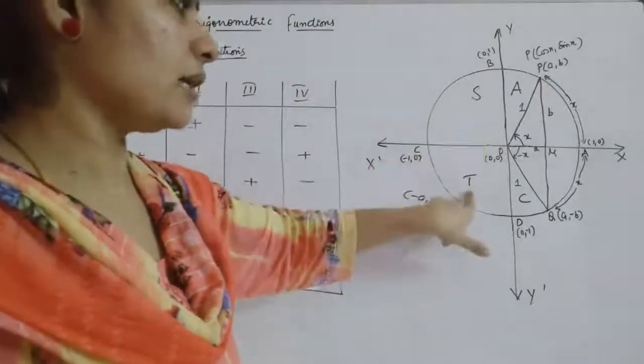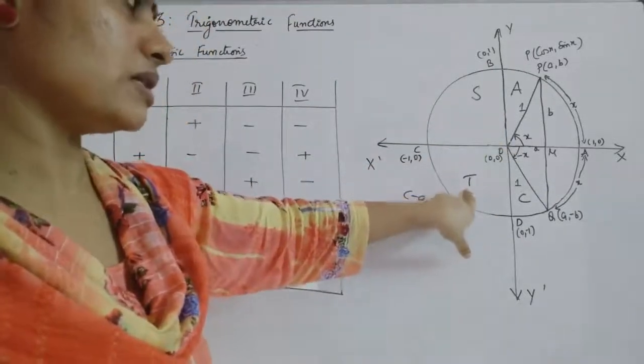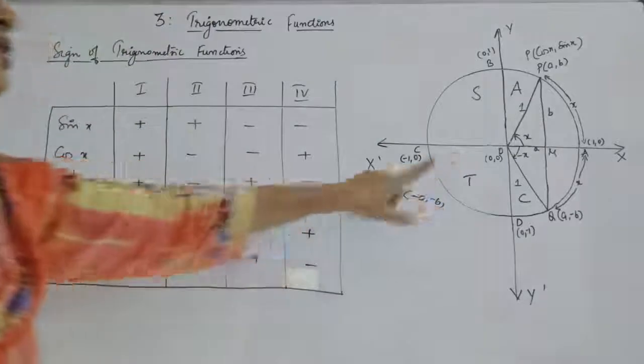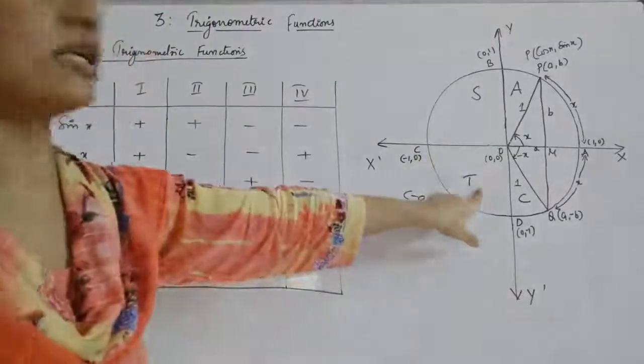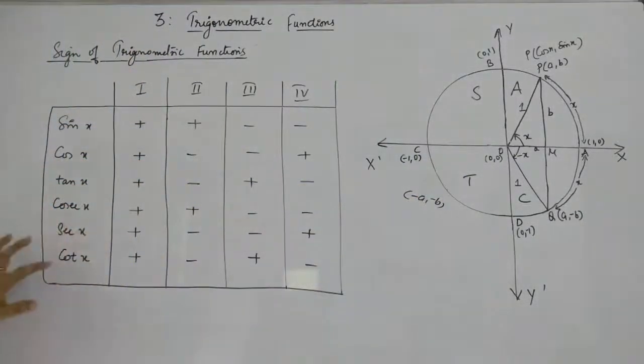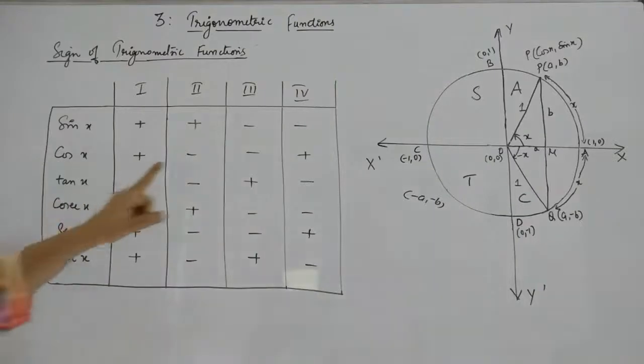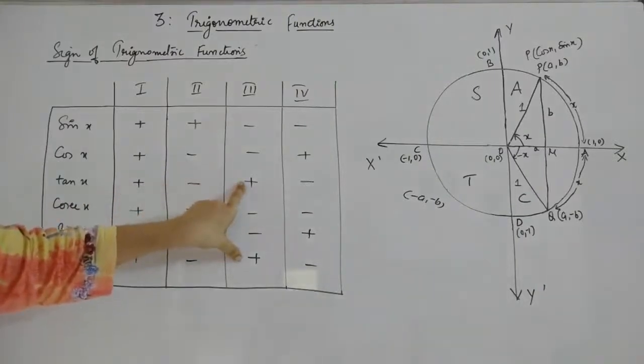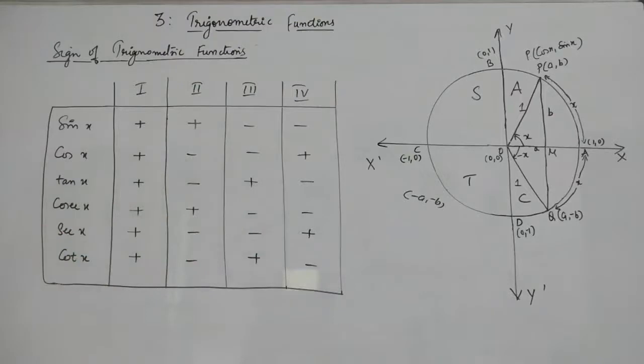Actually, all silver tea cups. So if you remember it as T, this is for your tan function. Now since tan is positive in the third quadrant, cot will also be positive in the third quadrant. You just check. Tan and cot will be positive in the third quadrant. Okay. All means here all of them are positive in the first quadrant.